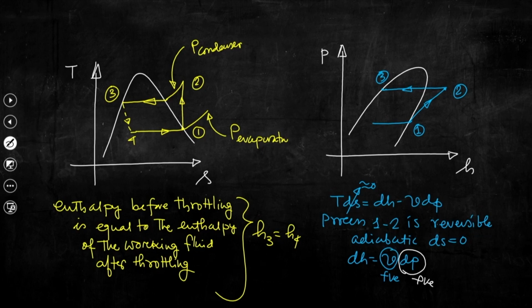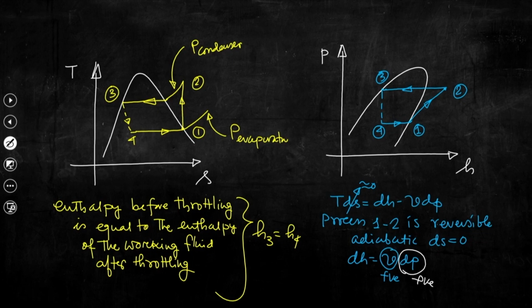So, this process should be like this, and this is point 4. So, this is the pH representation of all these processes in the pH plane.